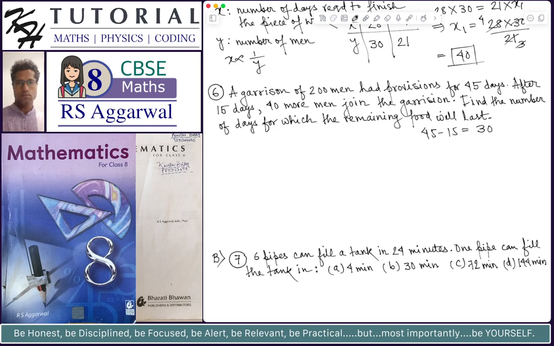Since the amount of food is constant, if there are more men, they will consume more food per day, and hence the food will last for less number of days. And if there are less number of men, the consumption of food per day will be less, and hence the food will last for more number of days.